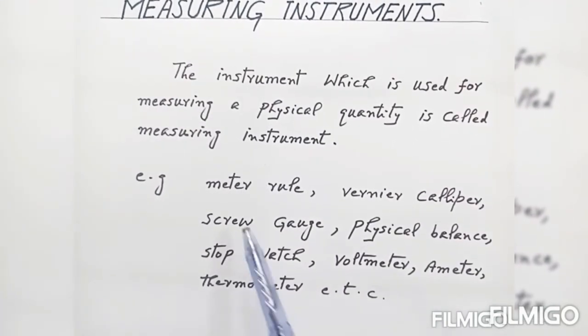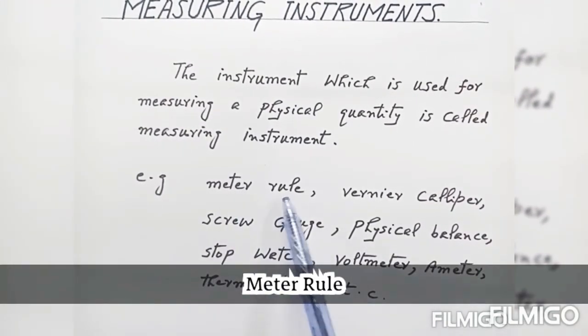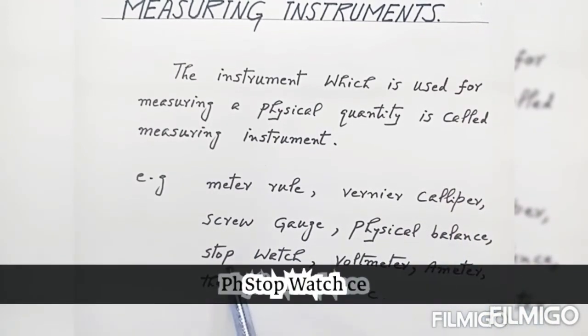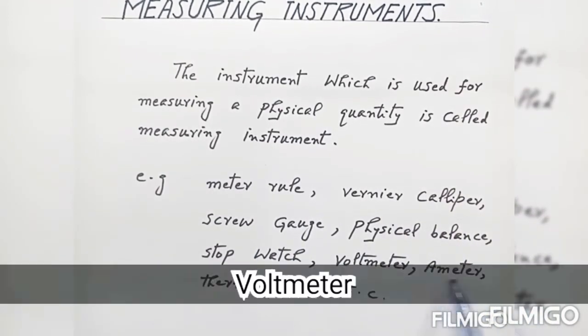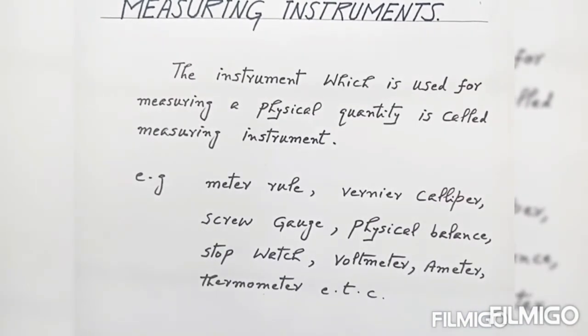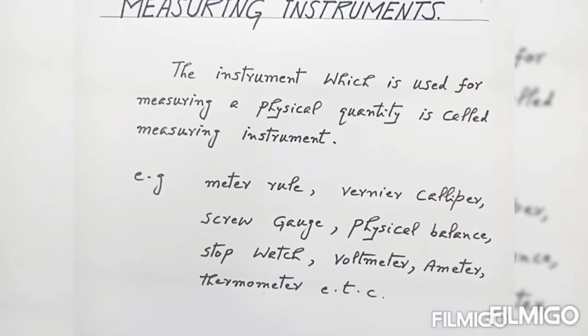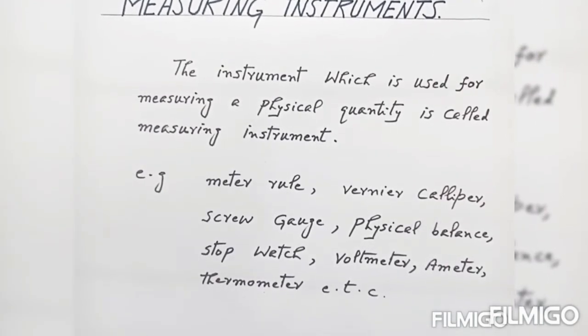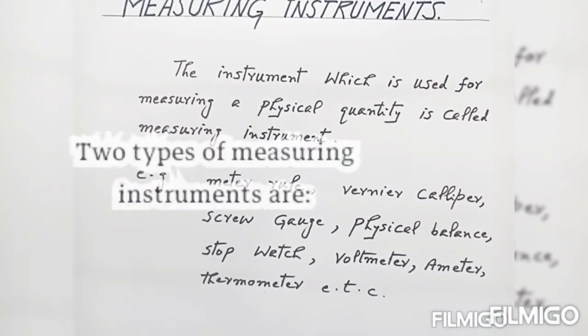For example, meter rule, it is a measuring instrument. Vernier caliper, screw gauge, physical balance, stopwatch, voltmeter, ammeter, thermometer. These are different examples of measuring instruments. Now, measuring instruments may be analog and digital.